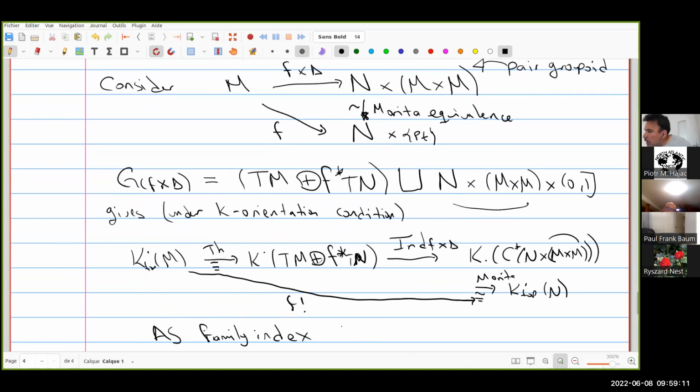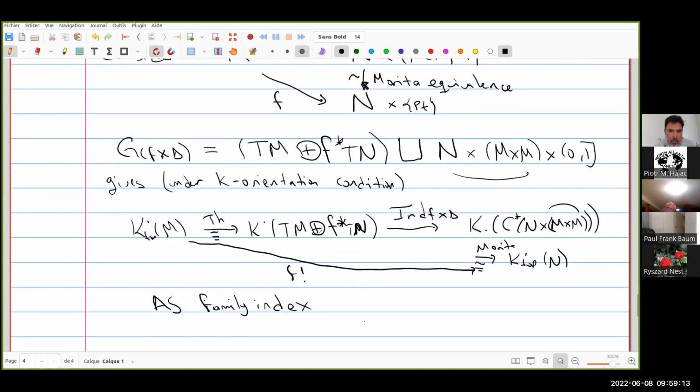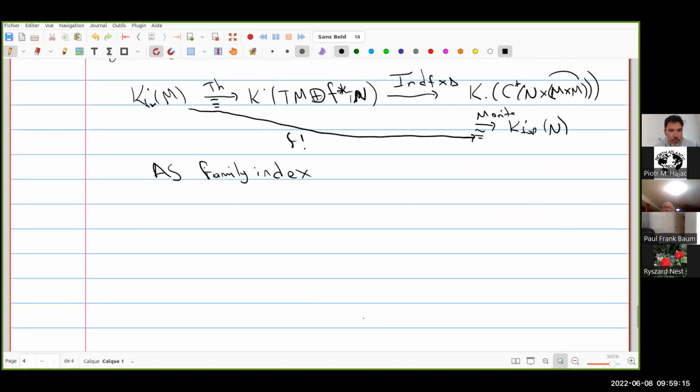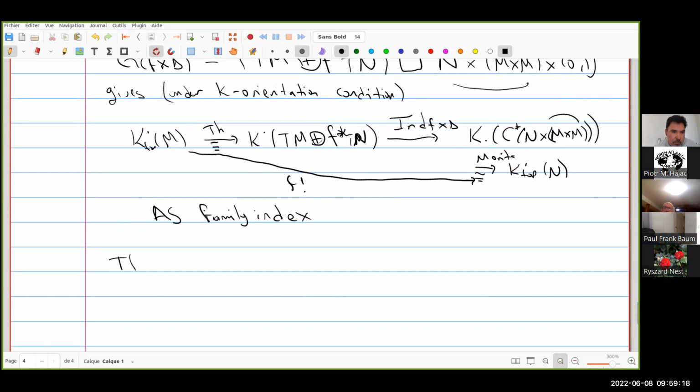Of course, I'm not yet at the group case, but you don't need this technology to define the index if you're not dealing with groups or other objects. But what you can prove, and Atiyah and Singer essentially proved this in the family case, is that this is functorial. So this is the Atiyah-Singer family index theorem.